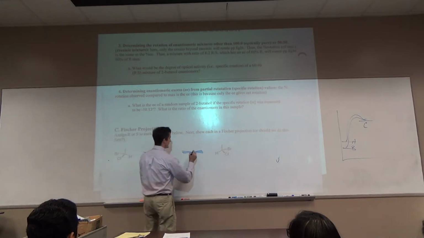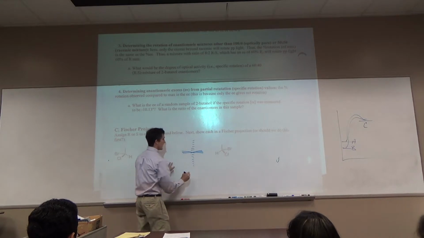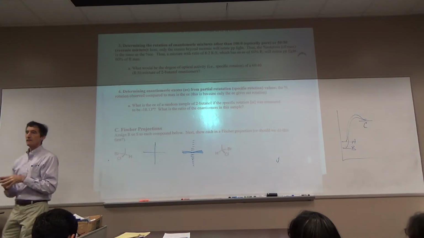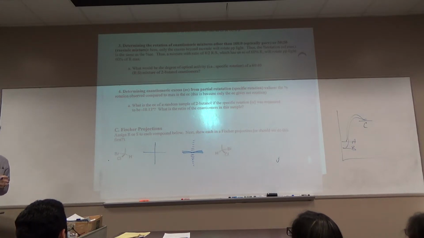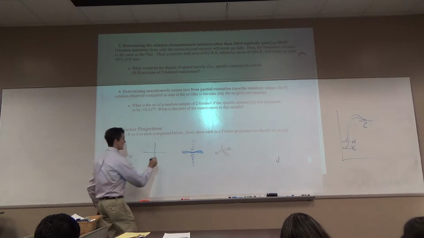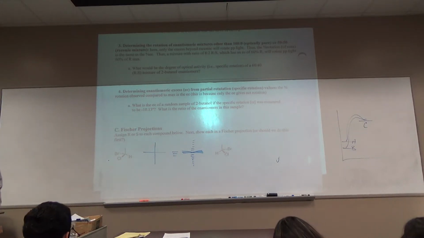Things at top and bottom are going away. That's what the crosshair implies when you see it in an organic chemistry structure. And you just have to know that.